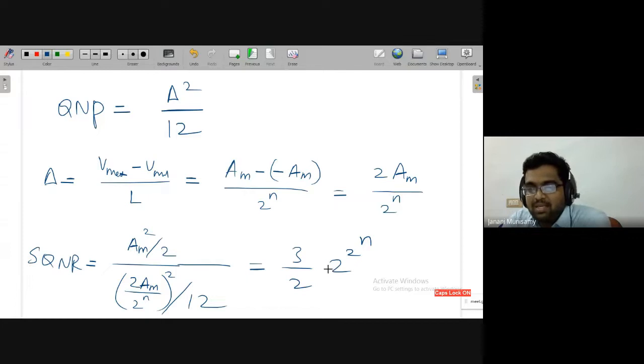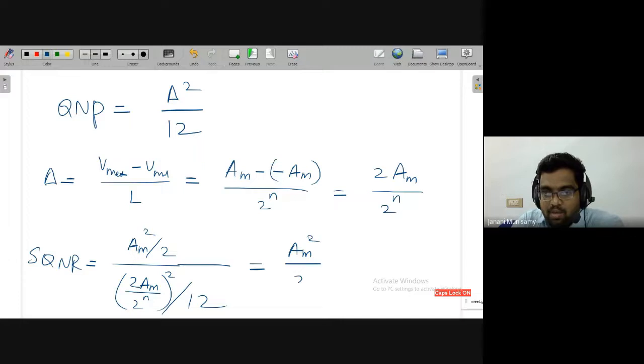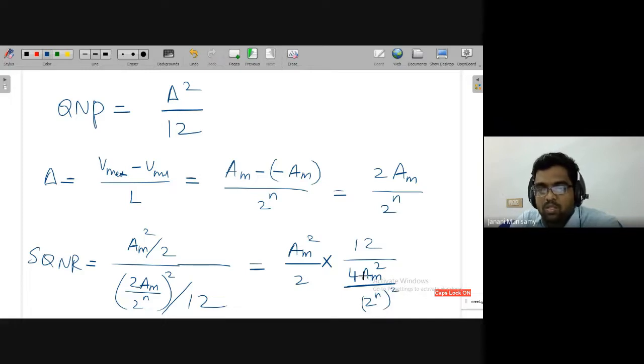Ultimately I got the signal to quantization noise ratio. You can just apply this formula, or otherwise, can I try? This is AM square divided by 2. This 12 will go up. Then 4 times AM square, then 2 power n whole square.